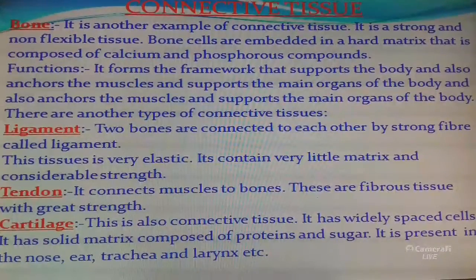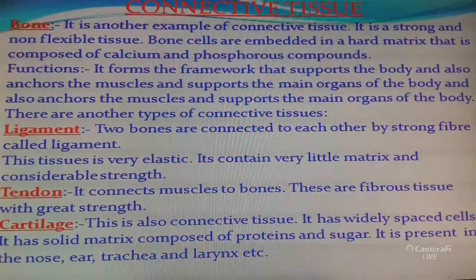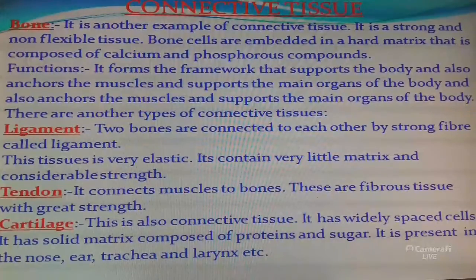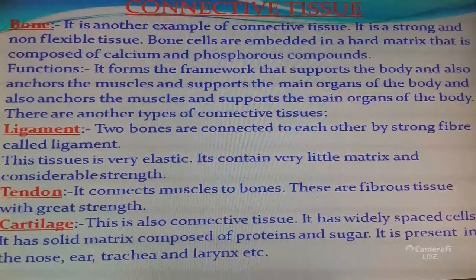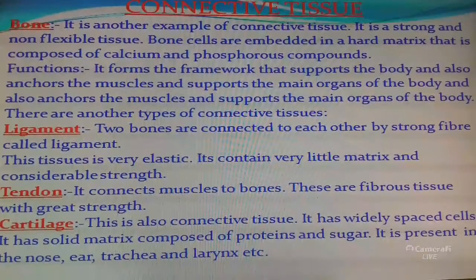It is with dense and mineralized matrix and forms the endoskeleton of the vertebrates, which protects the vital organs of the body and forms the supporting framework of the body. It is a strong and non-flexible tissue.